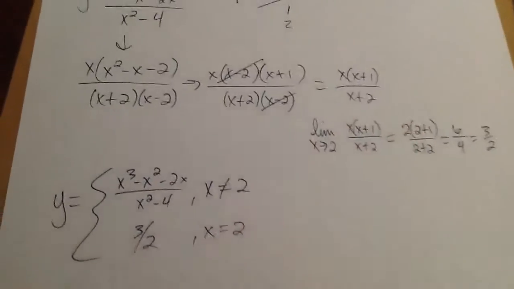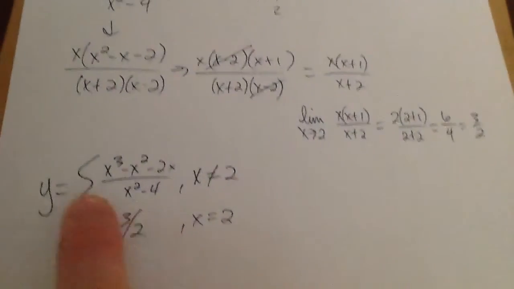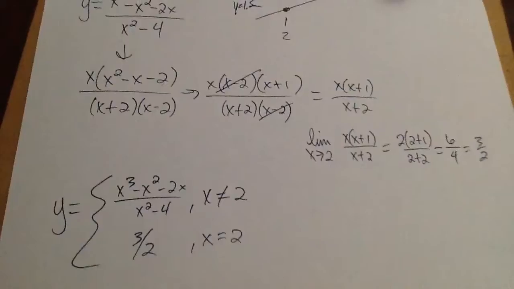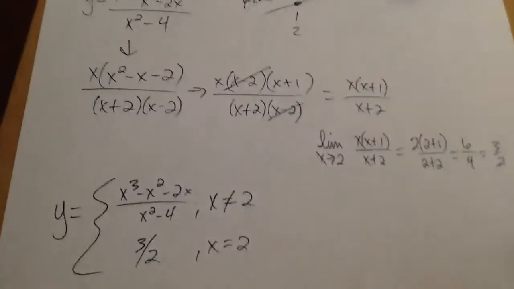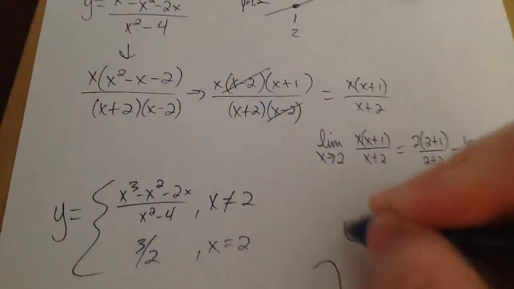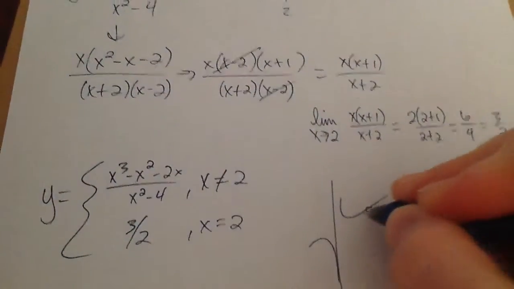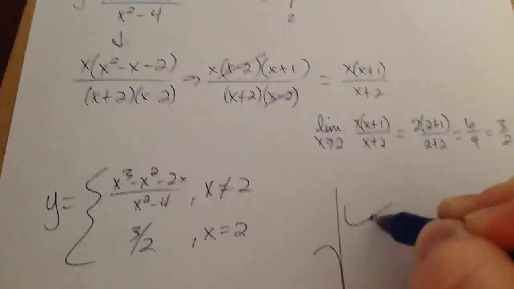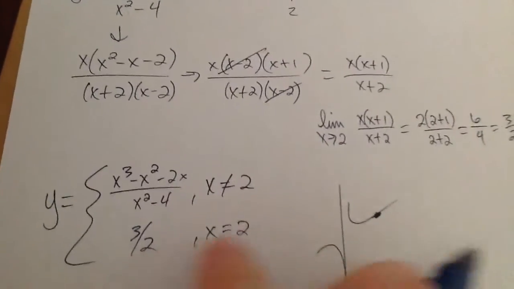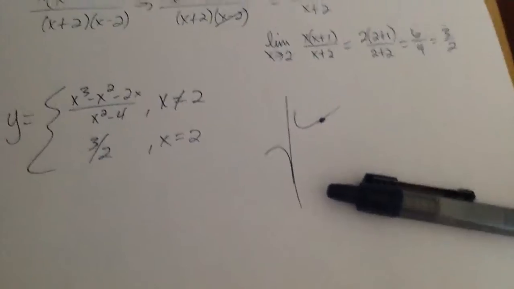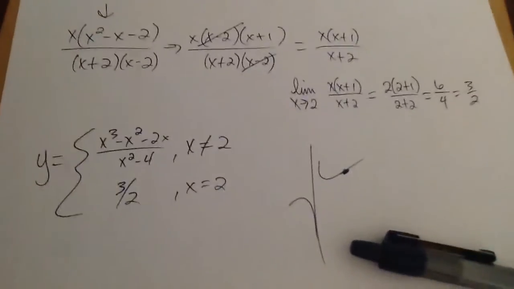That's what we found. If I make it a piecewise, it fills in the gap there. The other one, the vertical asymptote part, we can't remove that. That's always going to be there. But that one was removable, and we've done it by turning it into a piecewise and saying let it equal 3/2 at x equals 2. So that is that.